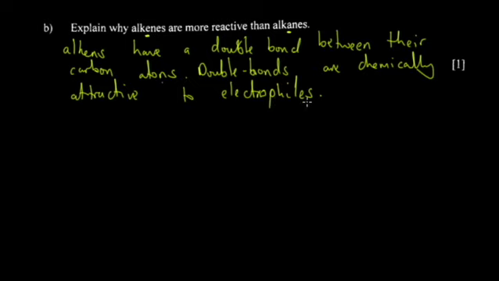So electron-liking elements are attracted to this double bond, because a double bond means there will be 4 electrons there, so it's very attractive. That's why alkenes are generally more reactive than alkanes.